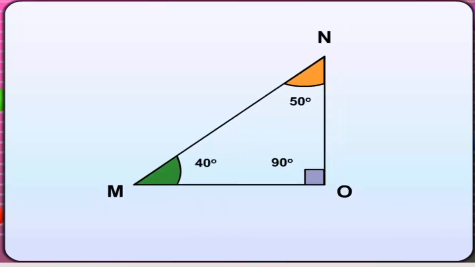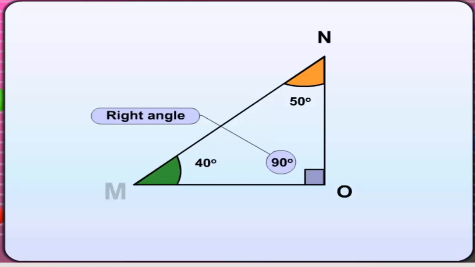In the triangle MNO, the angle NOM is exactly 90 degrees. And we know that the angle that is exactly 90 degrees is called a right angle.